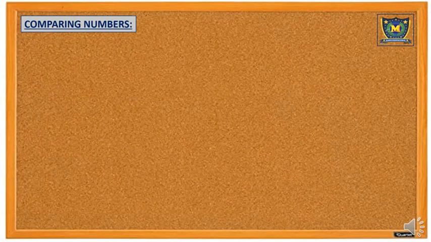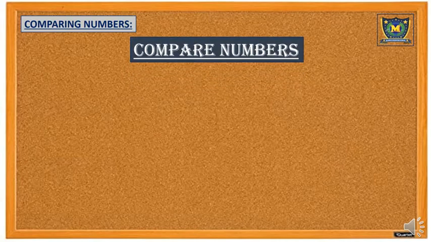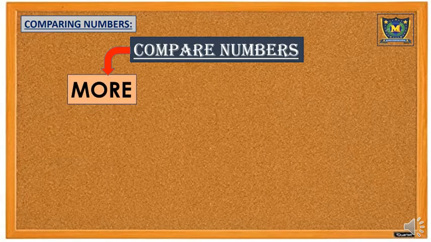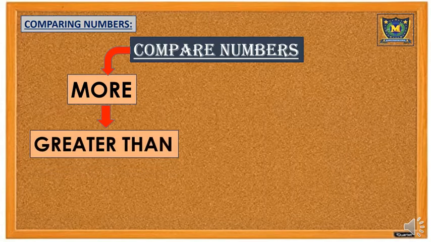Okay. Now, compare numbers. Before we proceed in comparing numbers, let us first know the terms or the words na ginagamit in comparing numbers. Okay, first we have here more. When we see more, daghan. Or kaha, greater than. When we see greater than, dako pa.